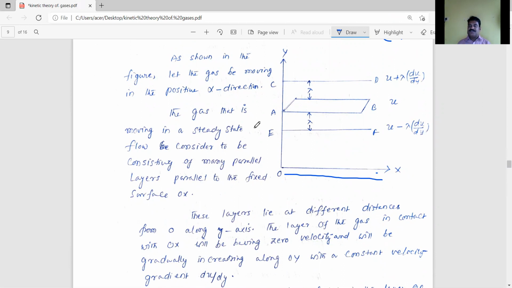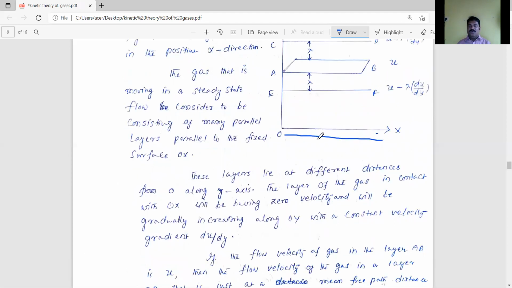So as I said yesterday, every fluid can be considered as a group of so many layers which are parallel to each other. Now here also, let us assume that the gas has so many layers. These layers are parallel to the OX axis, and they are along the OY axis.